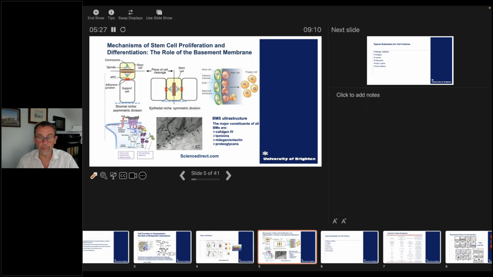Collagen type 4, which unlike other types of collagens that, as we know, have a fibrillar structure, has a mesh-like structure. And then there are other molecules, among which laminins are very important for the presentation to the cells of those bioligands necessary for recognition through integrins.